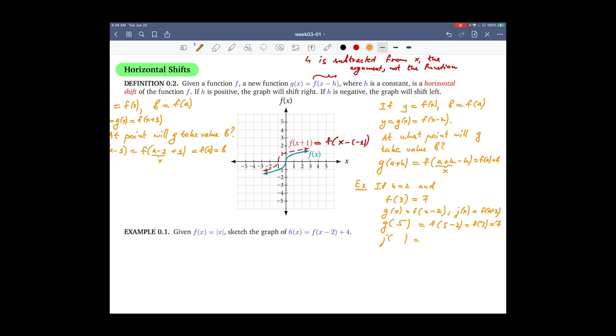I claim j will take value 7 at point perhaps 1, or we will see whether it's 1 or not. j at 1 is, all right, let's think again. At what point will j take value 7?